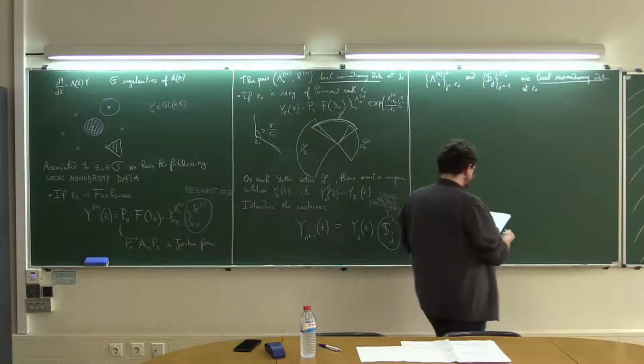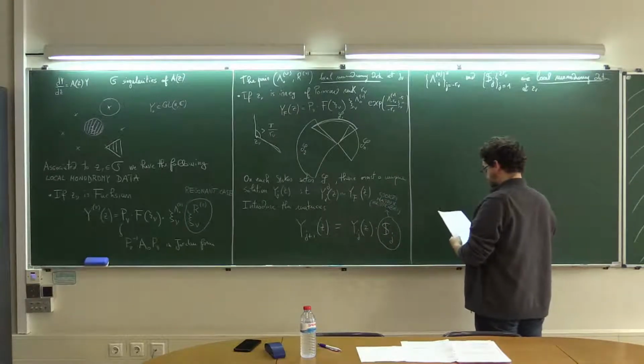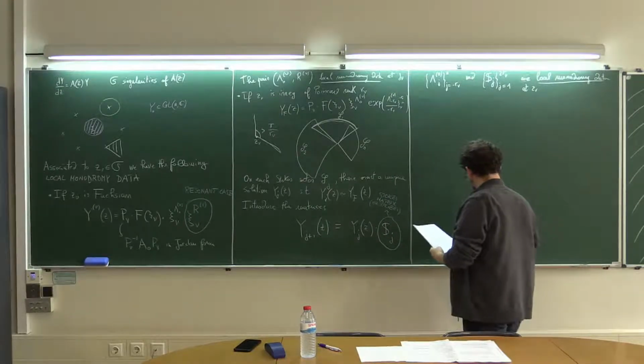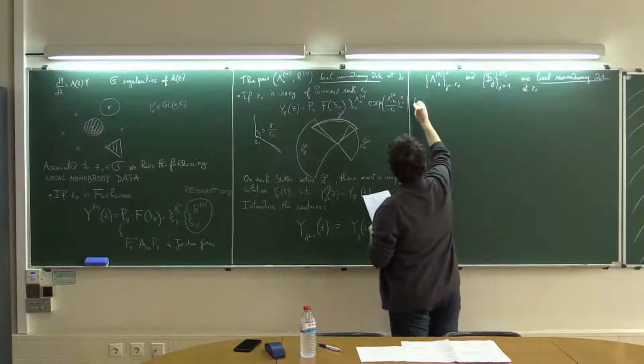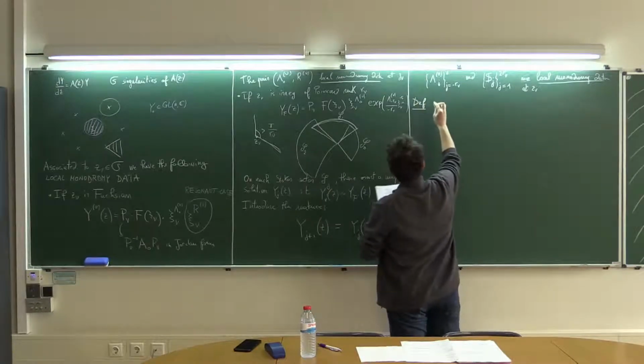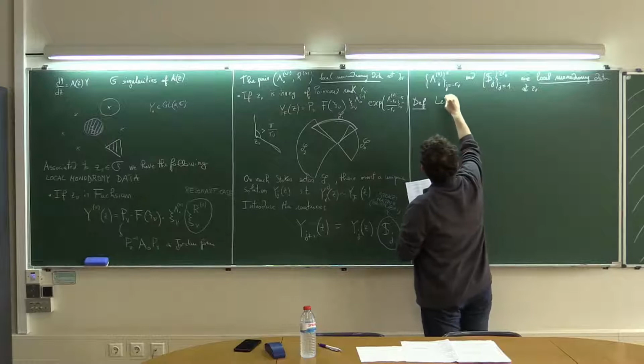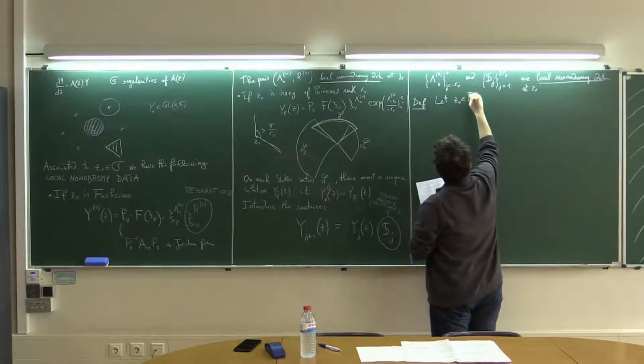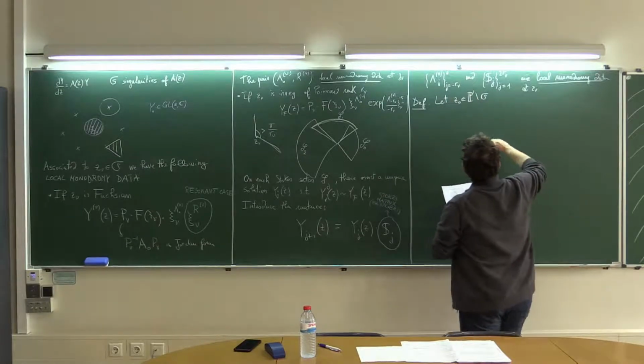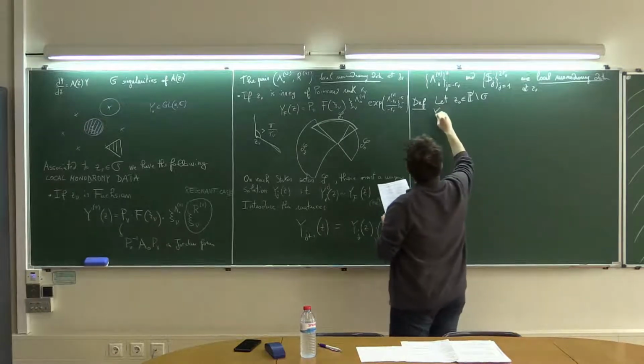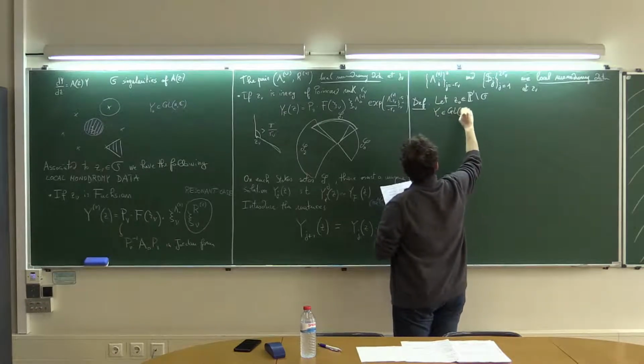That is to say, I am doing the following. Let z0 be in the complement of fracture S, and Y0 in GL(N, C).